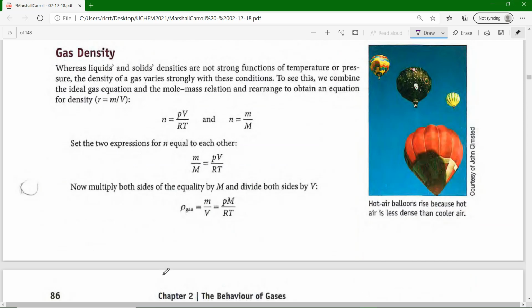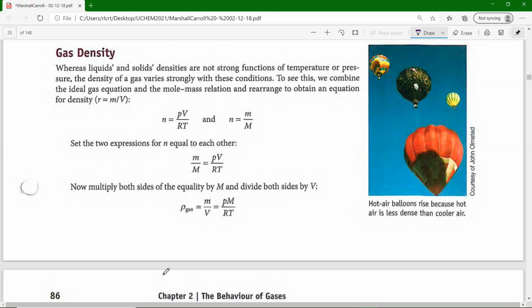So let us get the density of a gas, and density of a gas is going to depend on the temperature and the pressure. Liquids, solids, oh, we got all sorts of things going on. Oh, I'm getting spam messages. Whereas liquids and solids densities are not strong functions of temperature or pressure, the density of a gas varies strongly with these conditions.